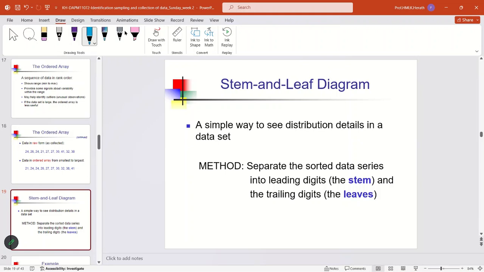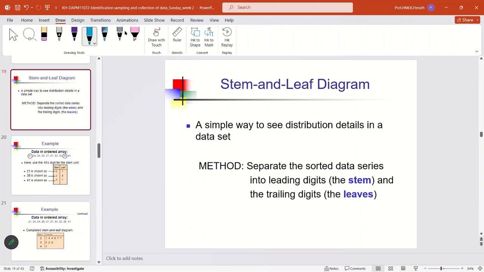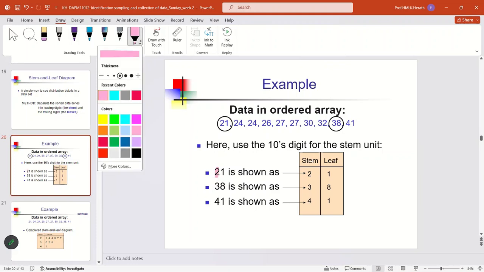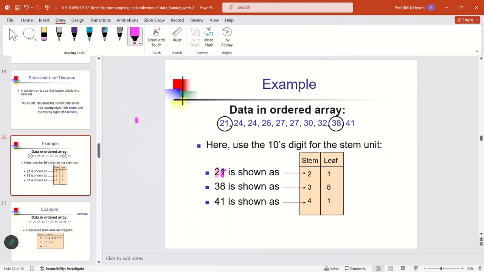Okay, let's take an example and see how to do this. This is our set of data. In this set of data, the leading digit is this, and the trailing digit is this one.